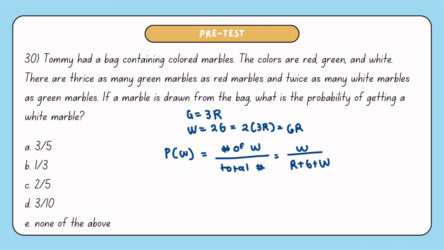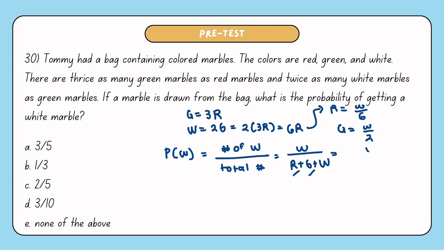So, sunod na gagawin natin ay i-rewrite natin yung R and G in terms of W para mas madali nating masolve. From this, we can write R equals W over 6. And we can also write G equals W over 2.